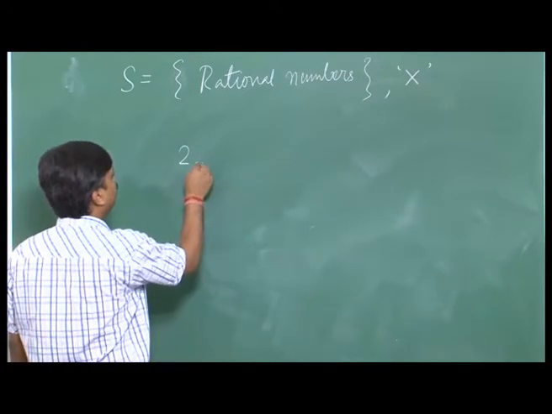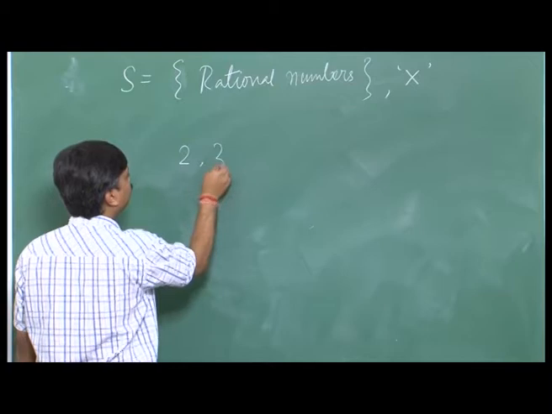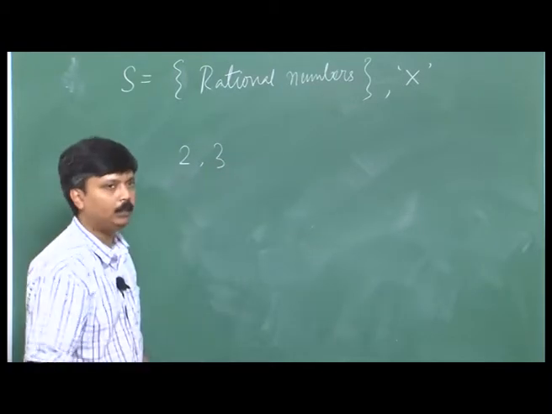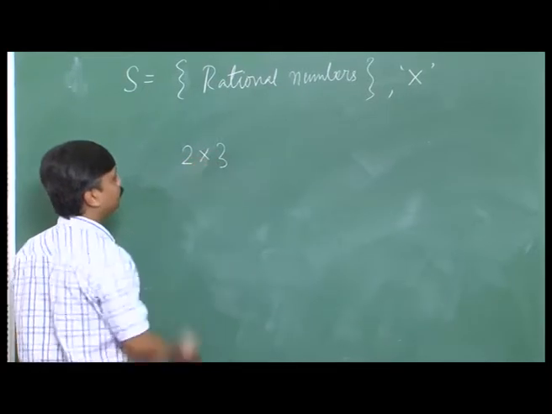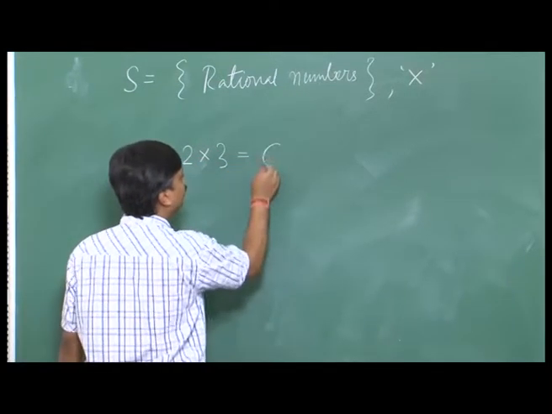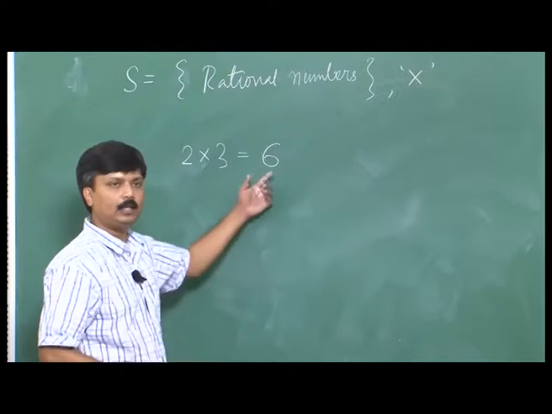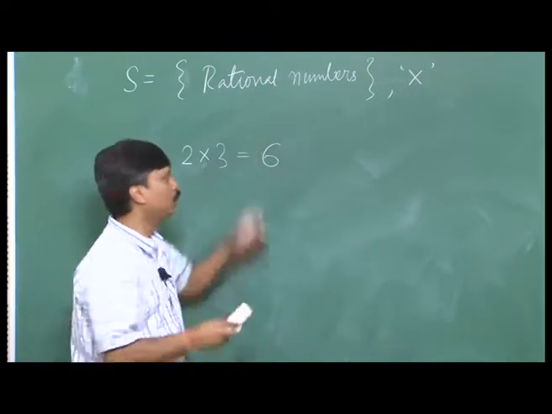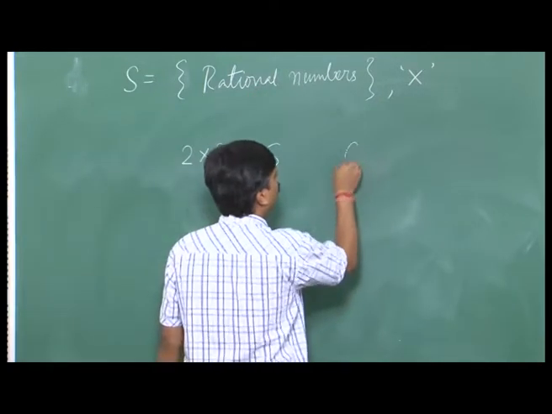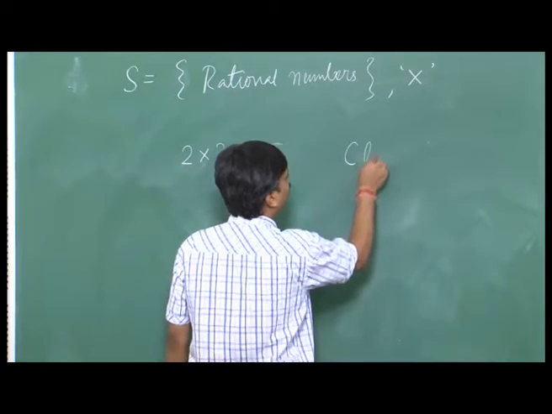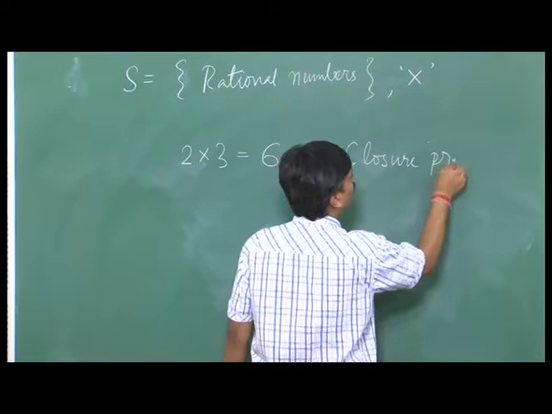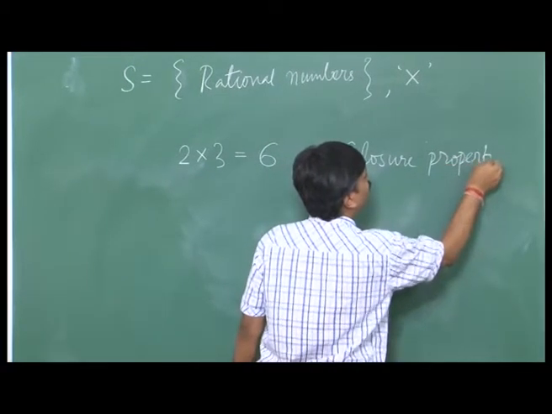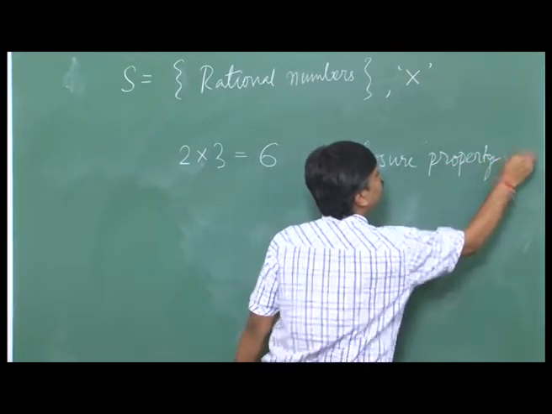So I take 2 and 3 and then see if all these properties hold. So 2 and 3, if I combine, will give me 6. 6 is also a rational number, so it belongs to this set. So I say the closure property is satisfied.